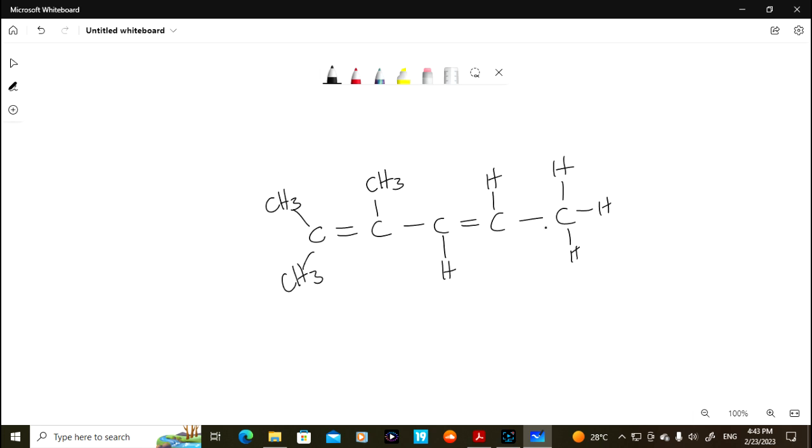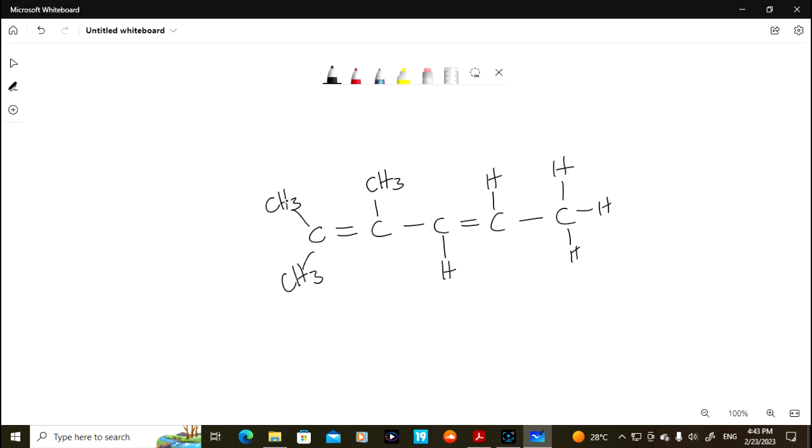So now what is the name of this thing? You can pause the video and do it fast. So let's give it a name, guys. Okay, first of all, let's check the functional group. The functional group is what? It's an alkene. You have two double bonds here, double bond here, double bond here. So the longest chain without a question is what?